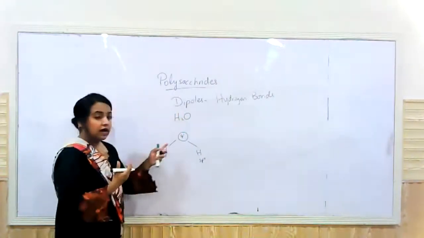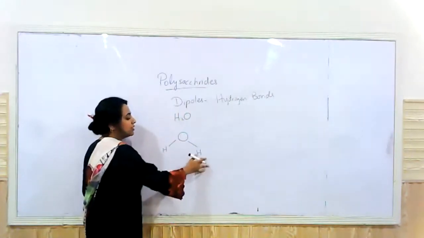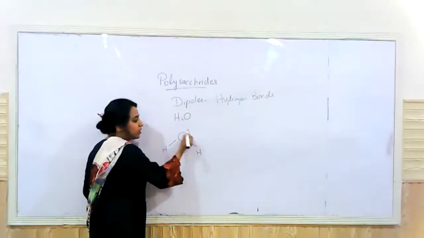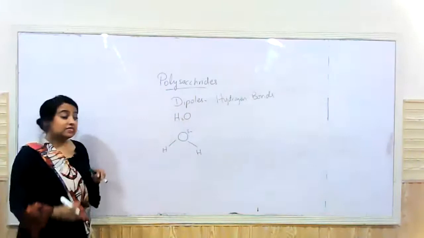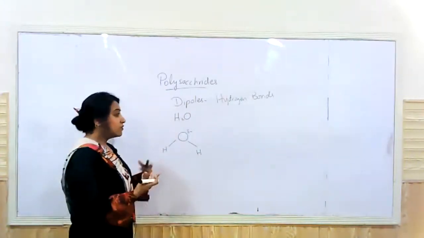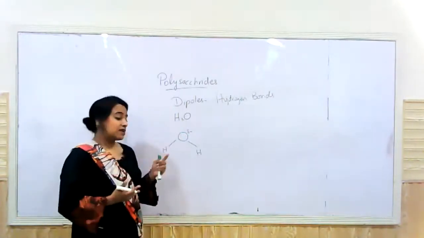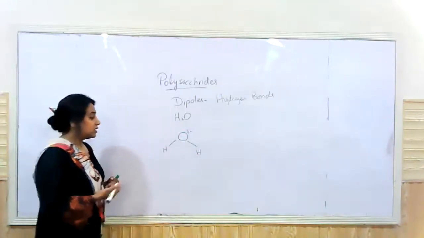Because of that, the oxygen atom gets a partial negative charge, not a complete negative. It seems like it has gained those electrons, and it seems like hydrogen has lost the electrons, and because of that it gets what?